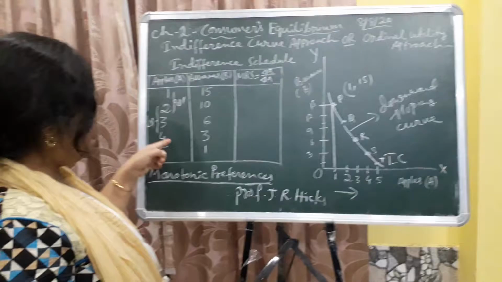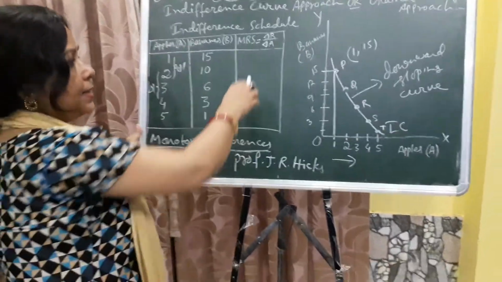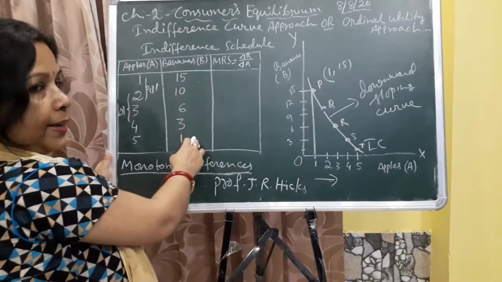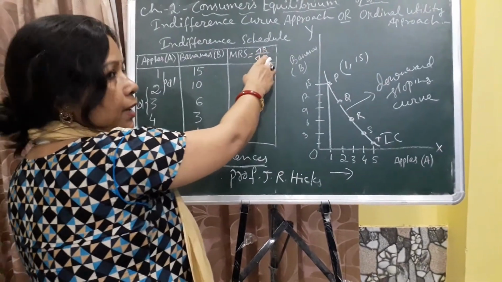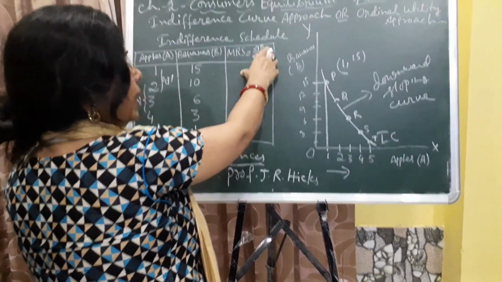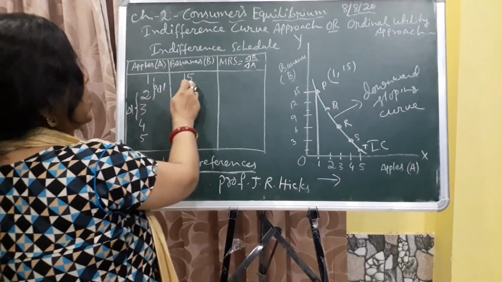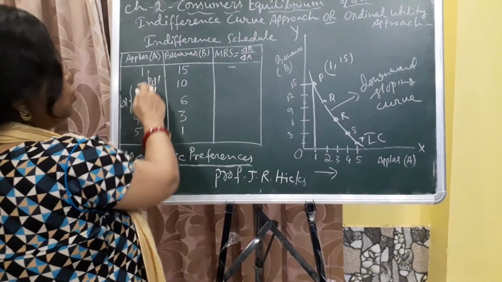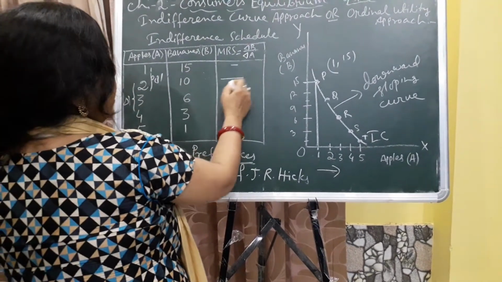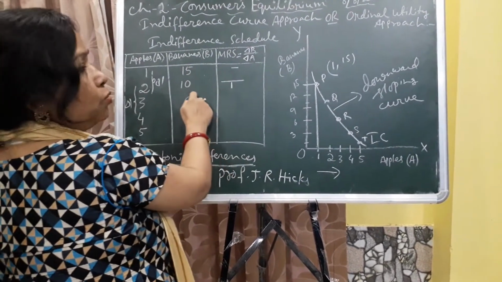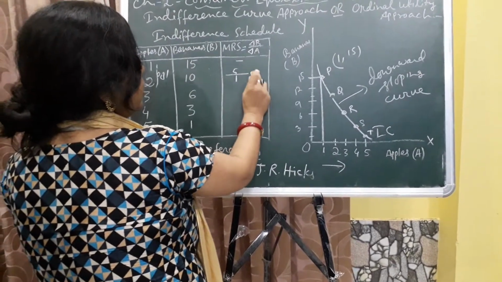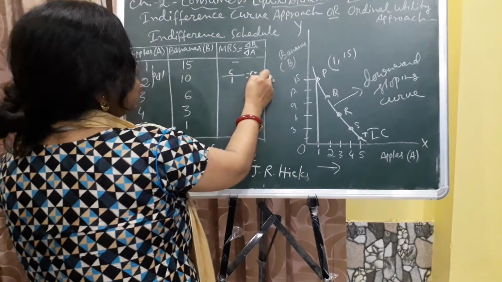Here apples increase, so you write delta A in the denominator, and which one decreases, you write in the numerator, delta B. So now the first change, 1 to 2, changes 1, so write 1, and 15 to 10 changes 5, so 5 is to 1.